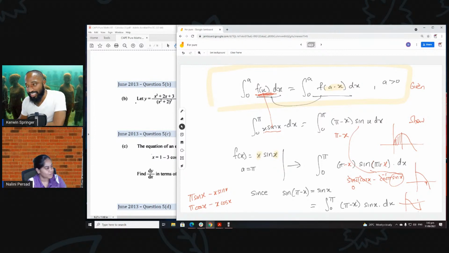But somehow I was interchanging pi and pi over 2 in my mind, so I was writing pi there. Look, I even have it still written there. That's not pi, that's pi over 2. So I was really struggling to figure out that question. Let me sort that out one time. So this is actually pi over 2. Pi is here. So the sine of pi minus x is sine of x, same thing. Bam, bam, bam, and that answers the question.